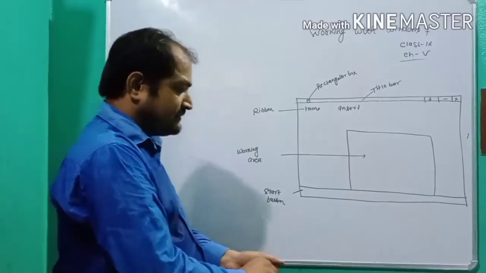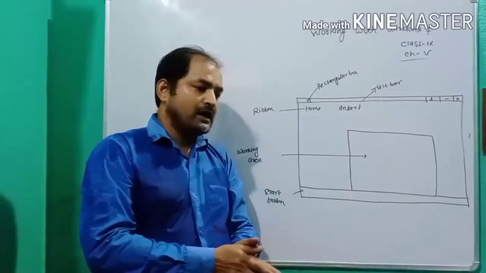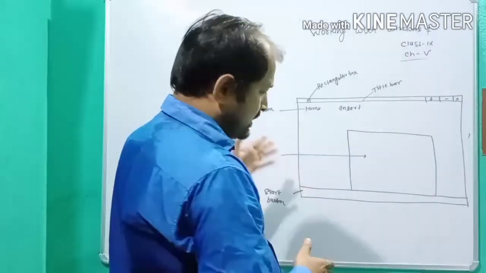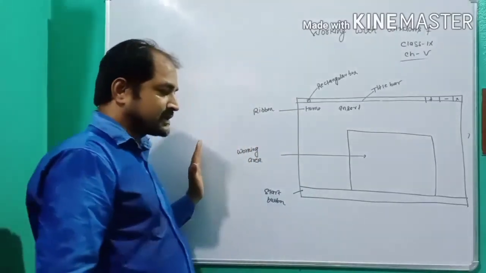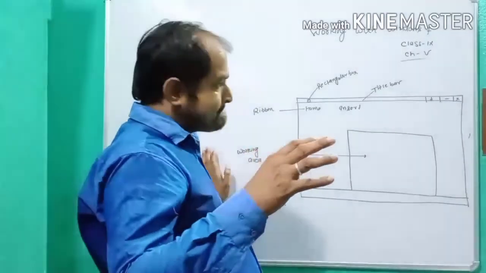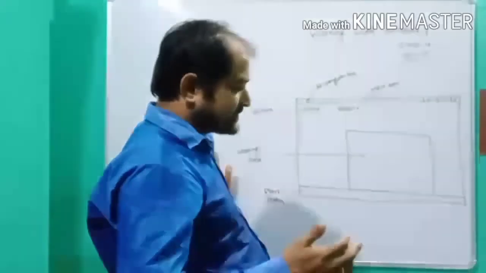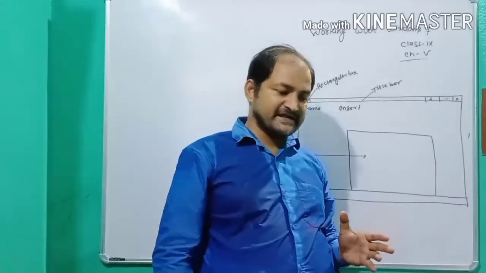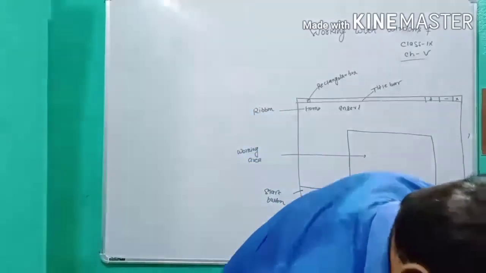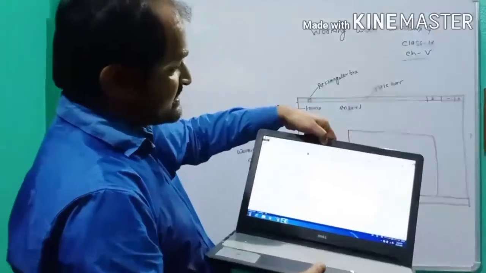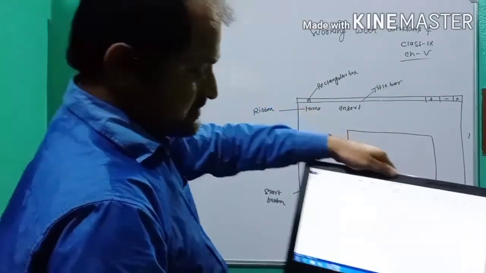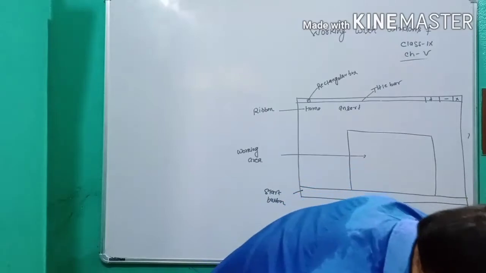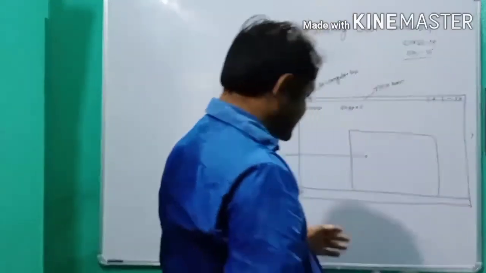The title bar is at the top of the program window, and the bar displays the name of the open application. Suppose I open MS Word. So this is the document bar. This is called the title bar. So my dear student, this is the title bar.